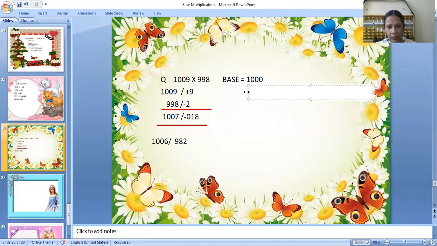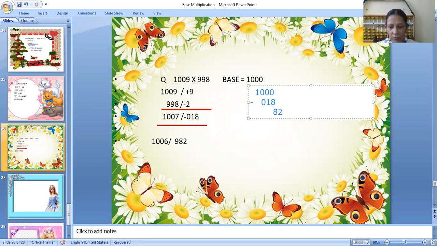See, you will now do here 1000. I have written here, and here I have done here minus. You will do here minus. You will do here 0, 1, 8. Okay, so you will do this when you will do the subtraction here. So what will you get here? You will get here 2. Then you will get here 8.